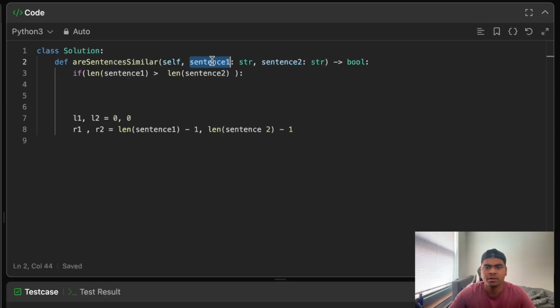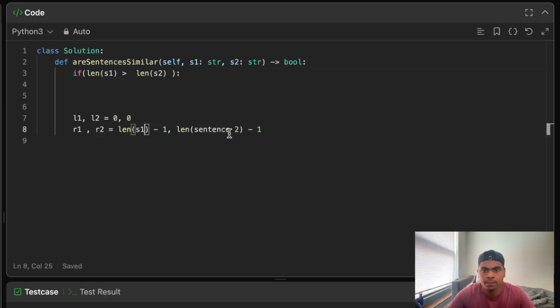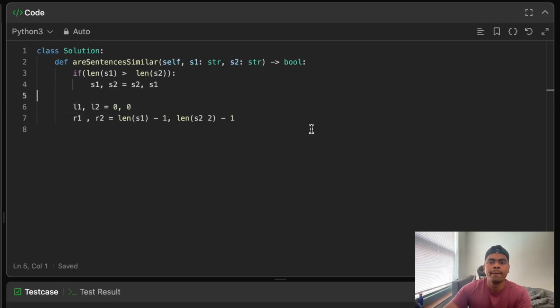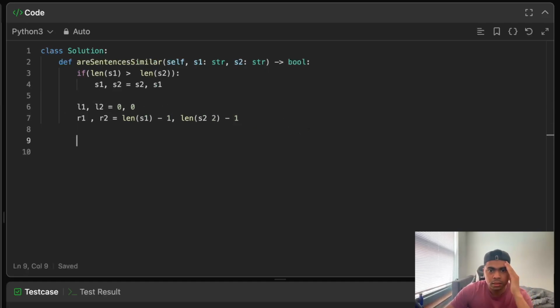I wish I could convert these to s1 and s2. Maybe I can, I think that will make our job easier. So if S1 is greater than S2, then I'll just say S1, S2 becomes S2, S1. That's perfect. Okay, now let's start our logic.